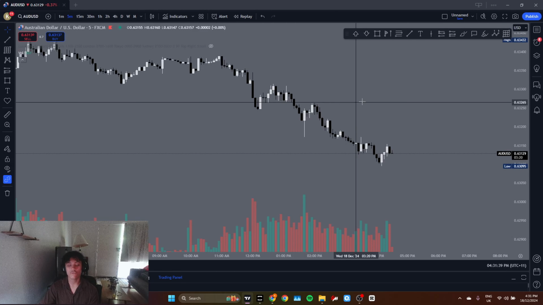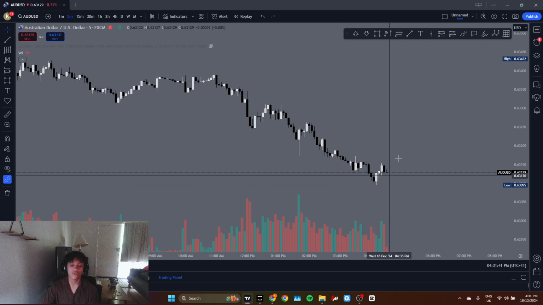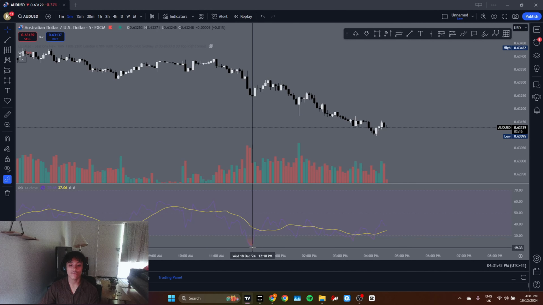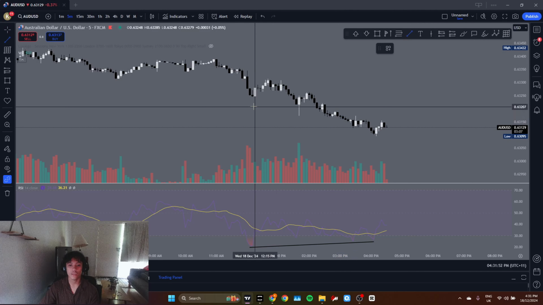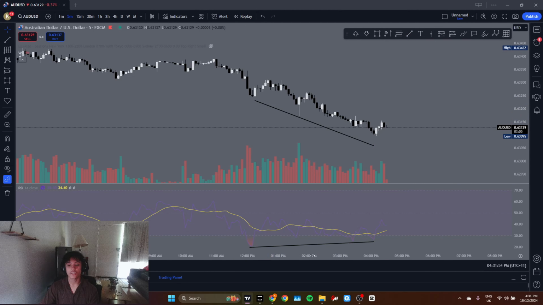So for example, we are bullish, but since the RSI is telling us that price is starting to pick up, I'll draw it up for you guys so it's easier to see. From the same point here down, see how the RSI is building up and price is still dropping. The RSI is just an indication that price is likely to reverse.